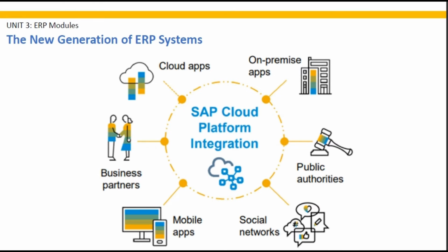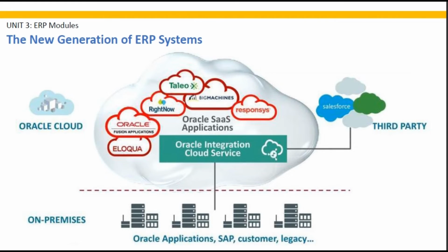All these are integrated through the SAP Cloud Platform Integration. When it comes to Oracle, we have Oracle on-premise and cloud. Similar to that, in SAP also we have on-premise solutions. All the previous old solutions were on-premise. Now the cloud is very much popular in almost all the technologies.